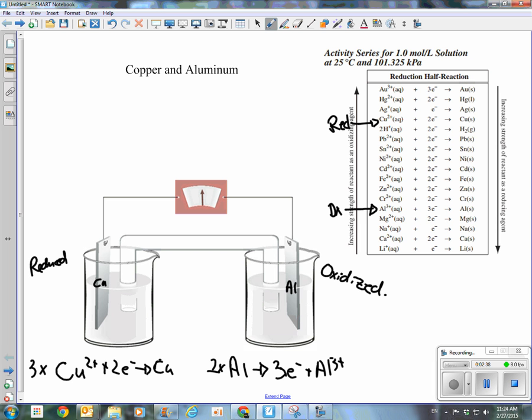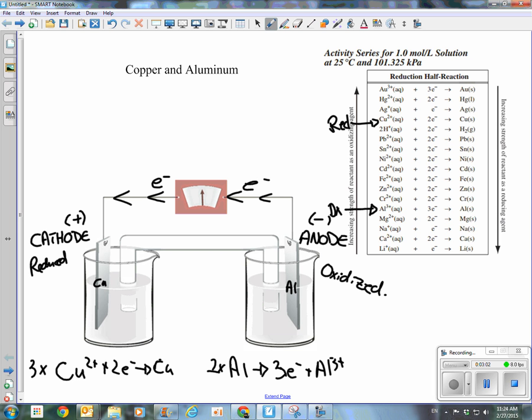Oxidized means that this is the anode. Reduction means this is the cathode. Therefore, this is the positive side, this is the negative side. Electrons flow from A to C, so the electrons are flowing in that direction.